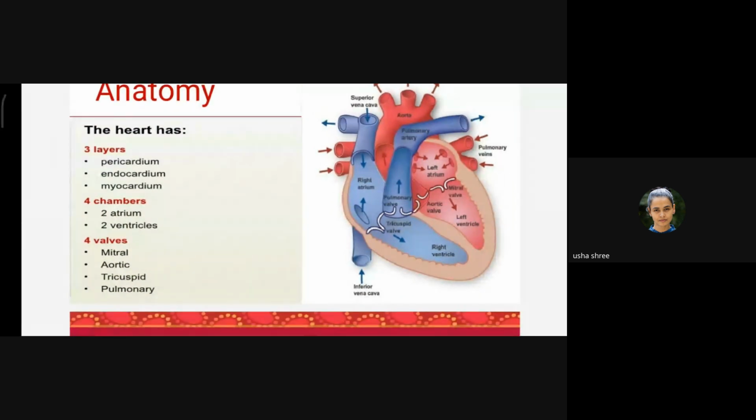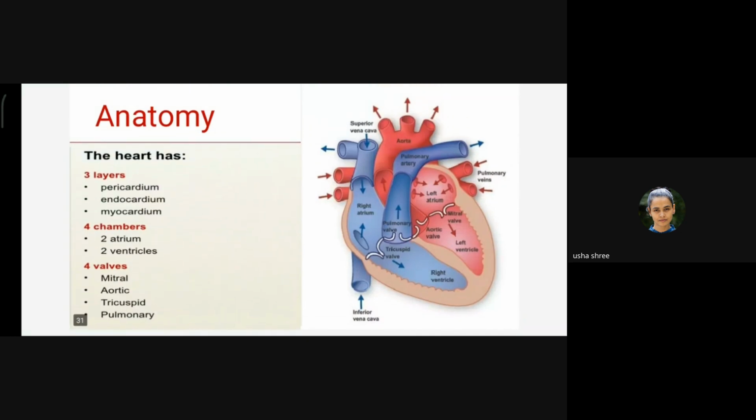The valve acts like a door only, right? It allows the blood to come down from the right atrium to the right ventricle. So the door, or the valve, has three parts.